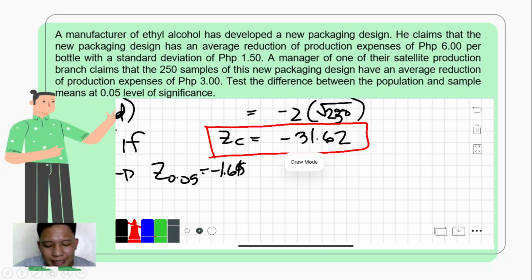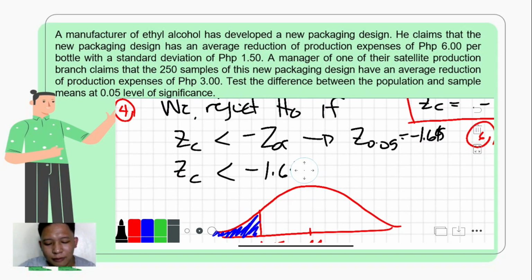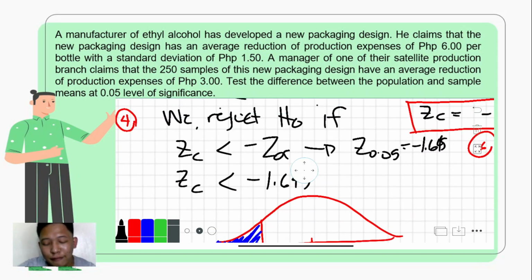If this is our test statistic, we may now proceed with our decision, which is step number 6. If you still remember, our decision rule is to reject H0 if our test statistic is less than negative 1.645.